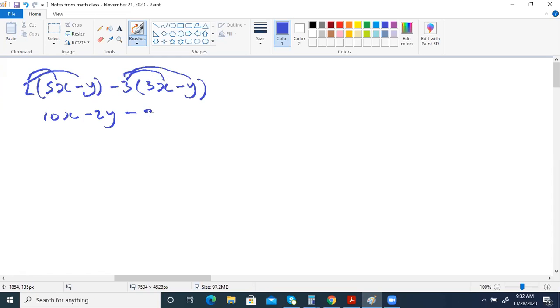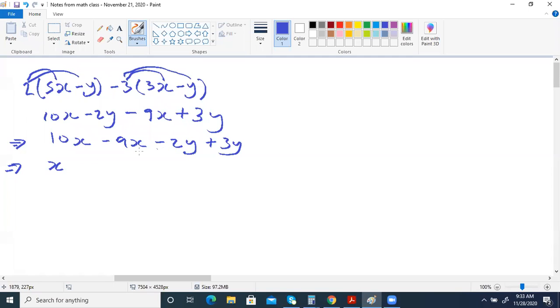So it's minus 9x. Minus and minus is positive. That's positive 3y. And then from here, you group them, right? This is 10x minus 9x, and then minus 2y plus 3y. So this is just x, and then this is just y. This is actually a positive y. Good. Got that one. Great.